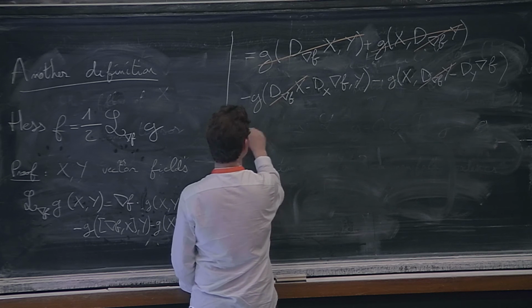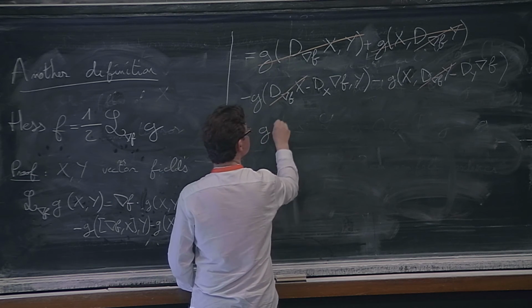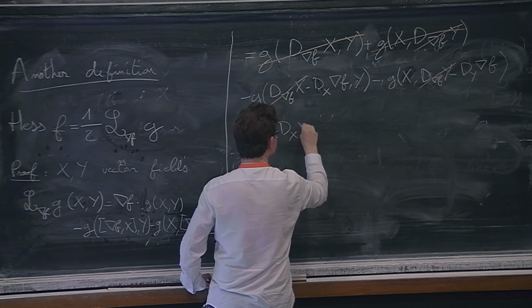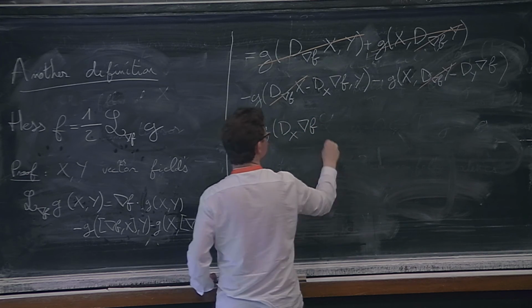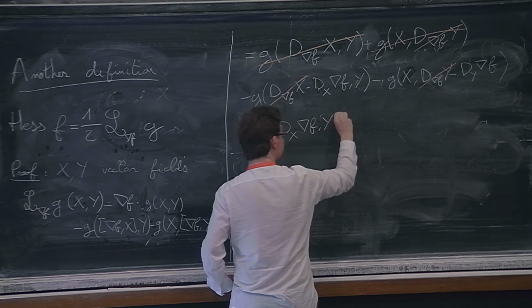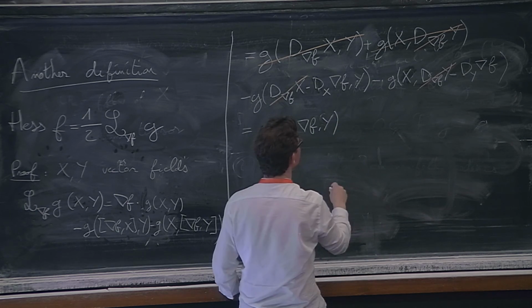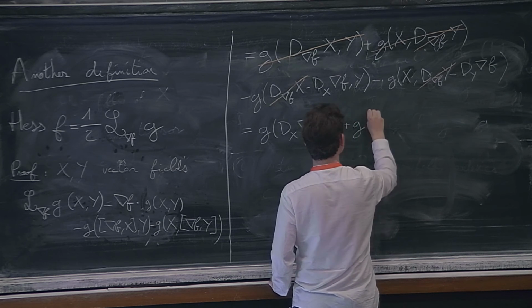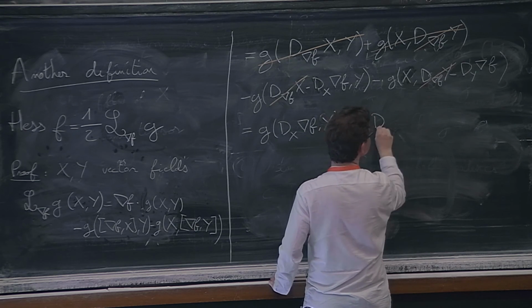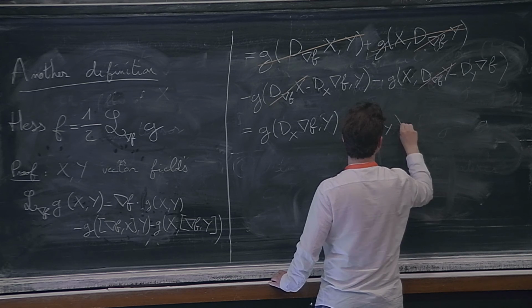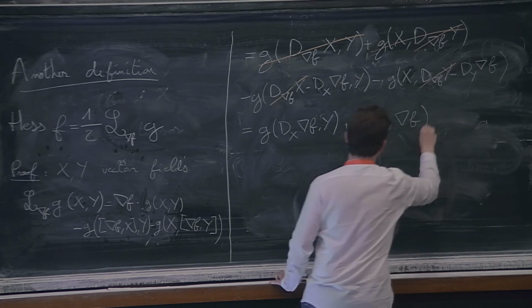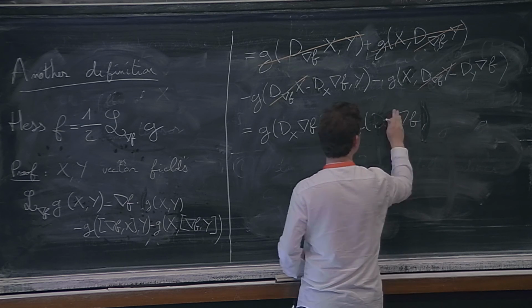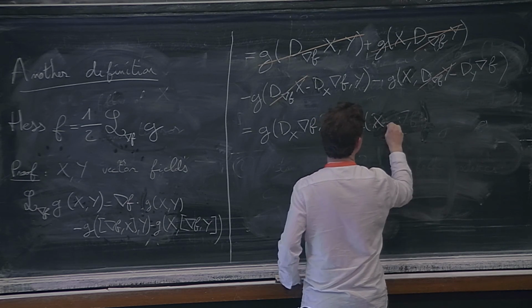So in the end, what we get is g of D_X ∇f, Y plus g of D_Y ∇f, X.